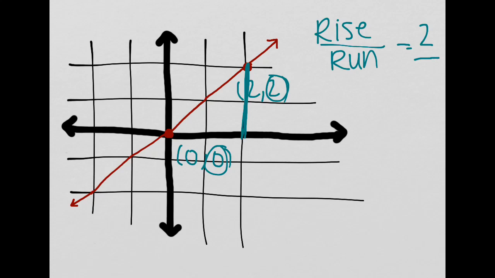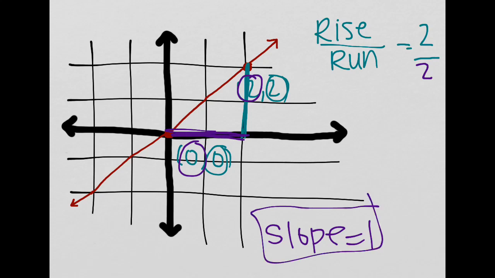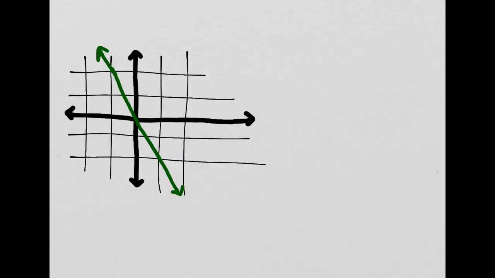And I want to find run, that is the change in x, and this is 2 again. I could have found that by doing 2 minus 0, which would have been 2. So my slope is equal to 2 over 2, which is equal to 1. Okay, let's do one more example.